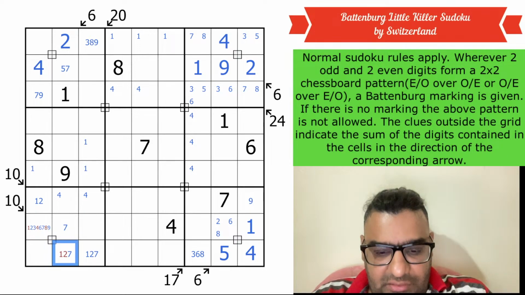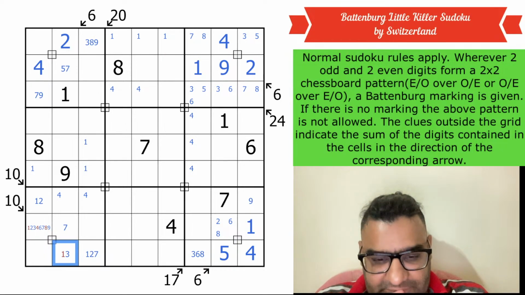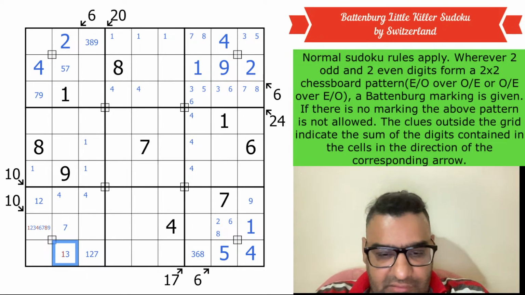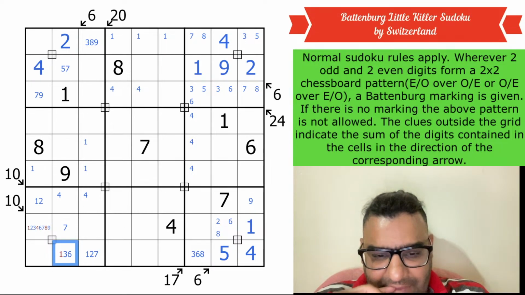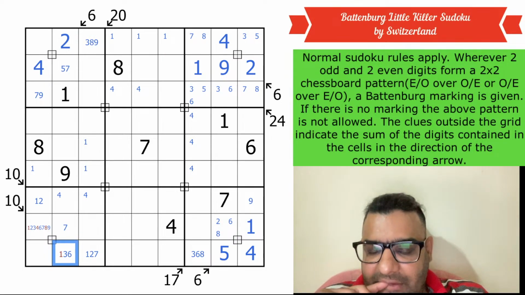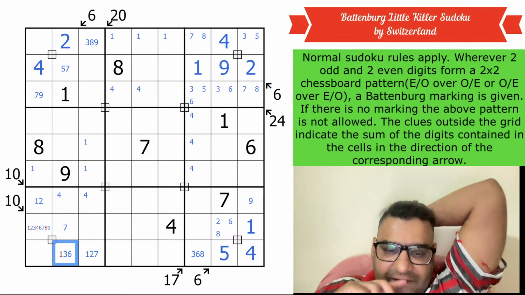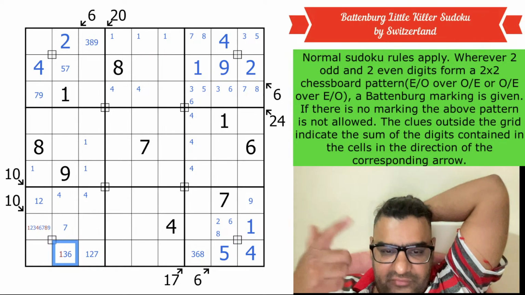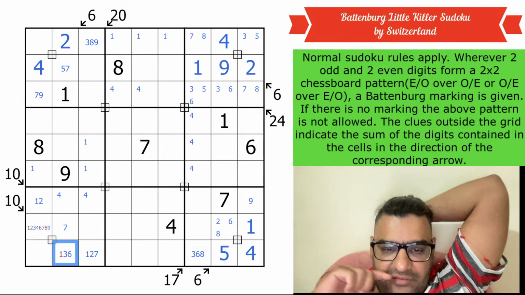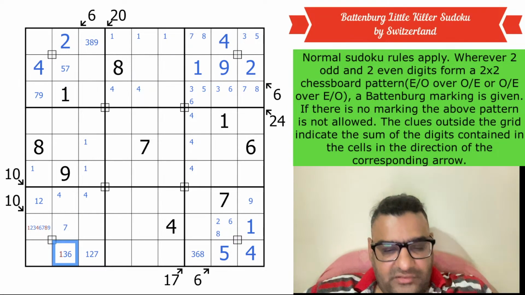If I cancel out 2 and 7, 1 and 3, 4 and 6. This can be 10. Okay, totally gone wrong in checking the combination. It can be 6, 3 and 1. 5, 4, 1 is not there. It means 7, 2 and 1 is not there. It is going to be 1, 3 and 6.